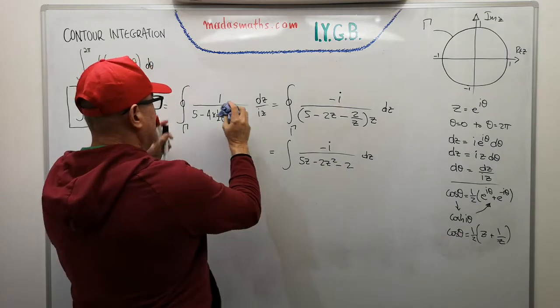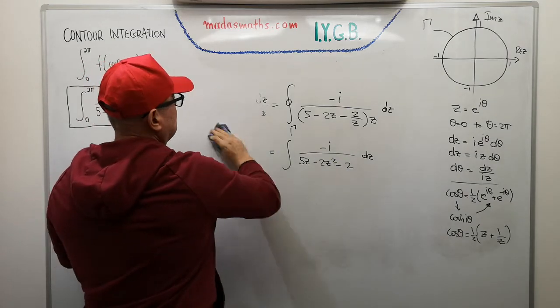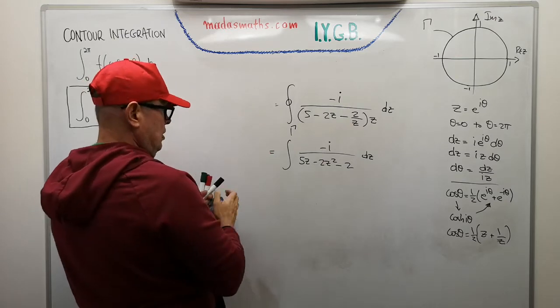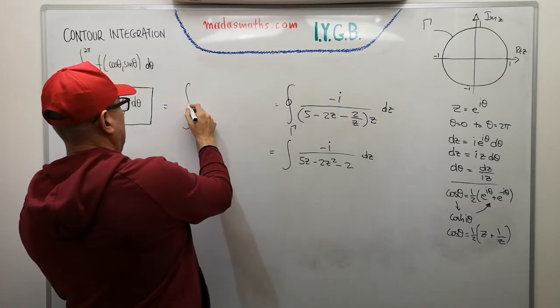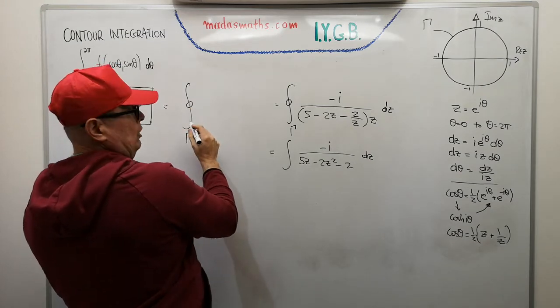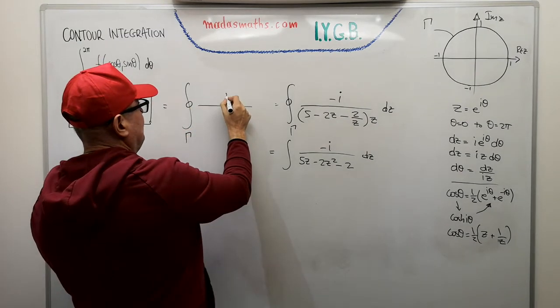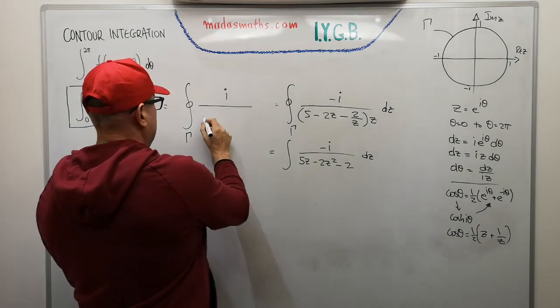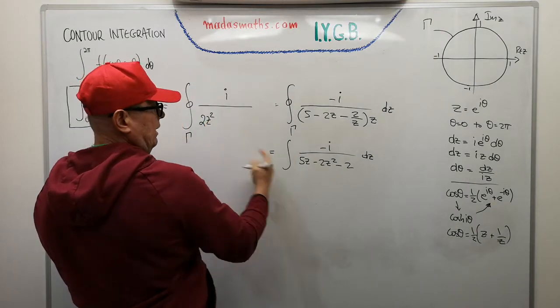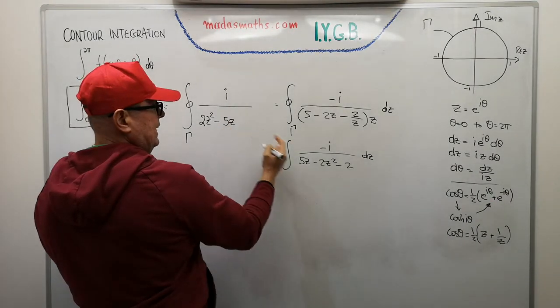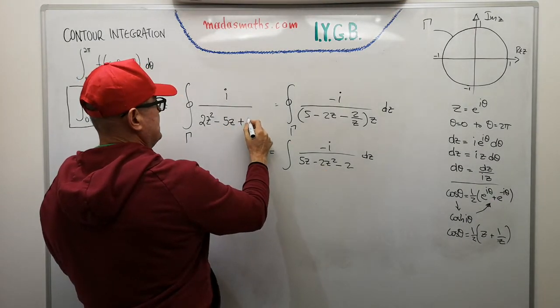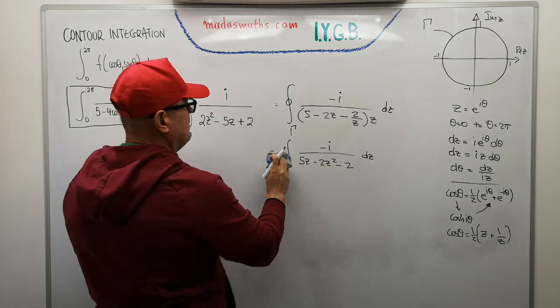So I'm going to just move that in here. I'm going to make some space so we can write a little bit neater. So we lose the minus, the i is still there, and this will become now 2z squared minus 5z plus 2, and of course we have the dz.